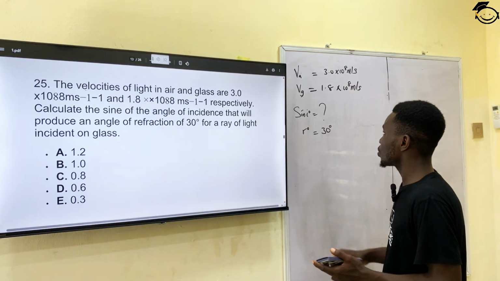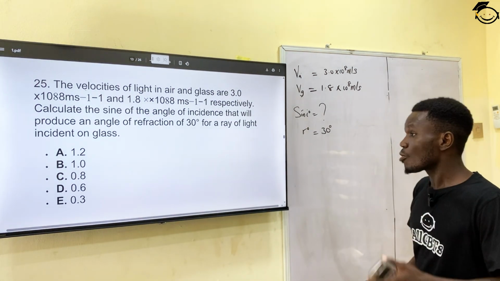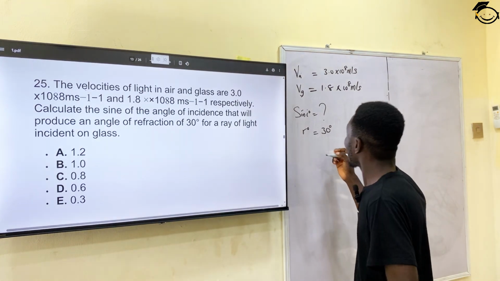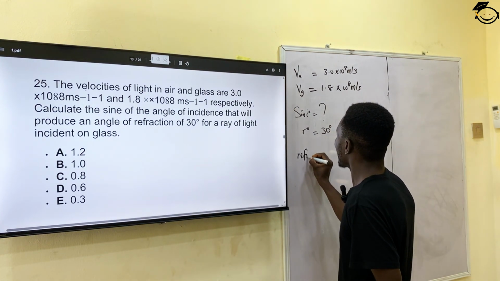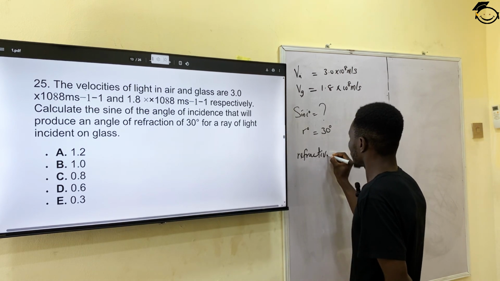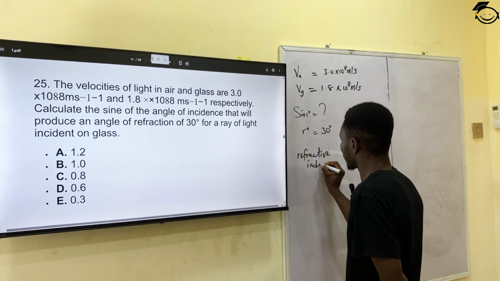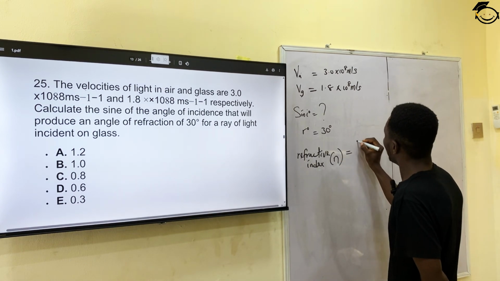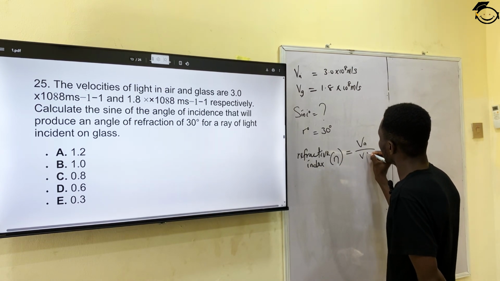Now, for us to solve this question, for us to find sine i, we have to first find our refractive index. And we know that our refractive index is velocity in air over velocity in glass.